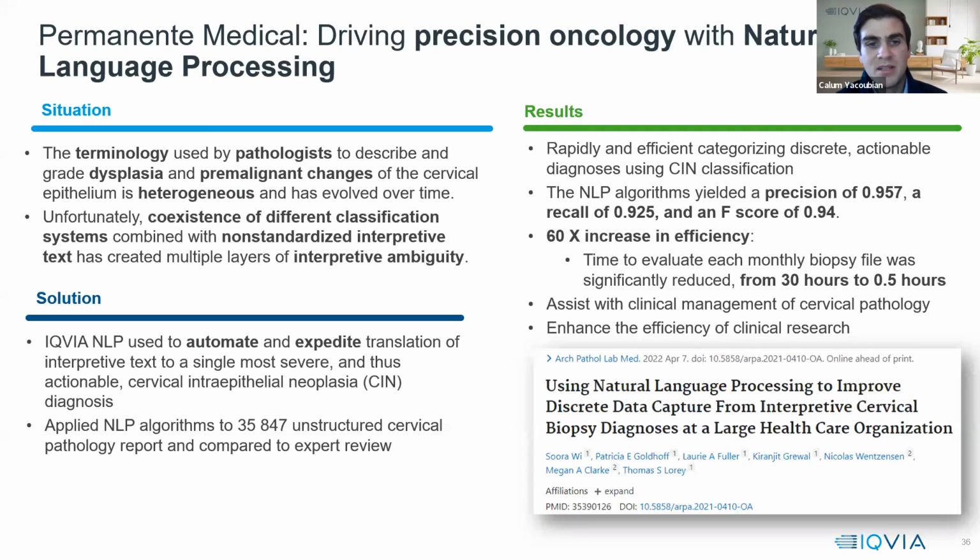And they have done this. So they take the pathology reports, they process them through the NLP. They've taken a process which was 30 hours and reduced it down to between a half hour and an hour process. So huge increases in efficiency. And again, NLP algorithms, very accurate in classifying these reports based on the severity of findings within them.